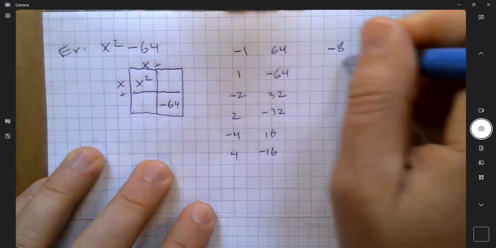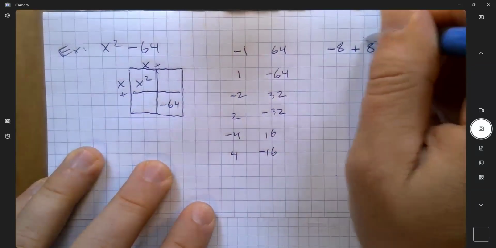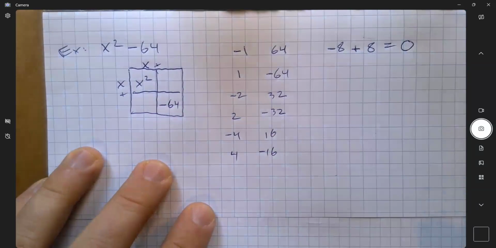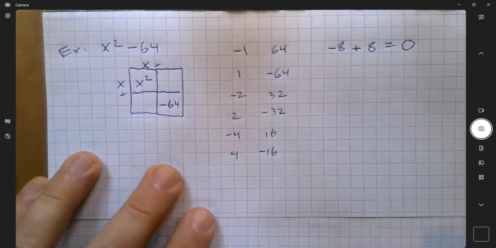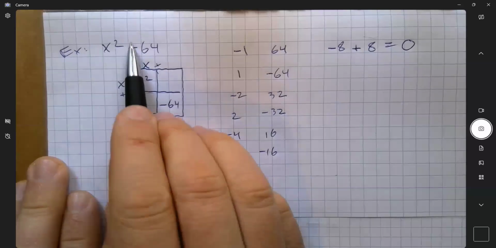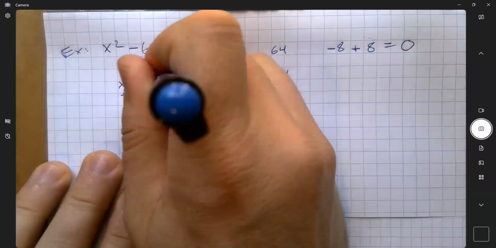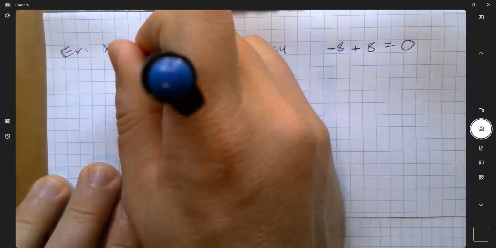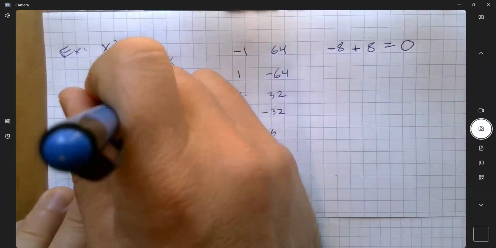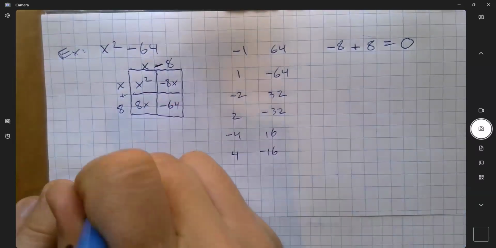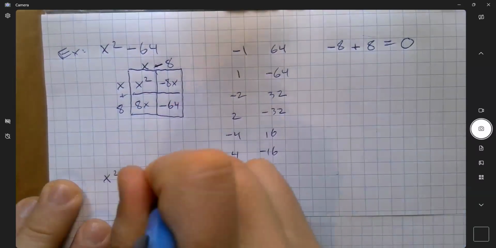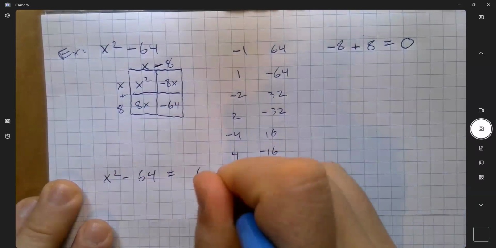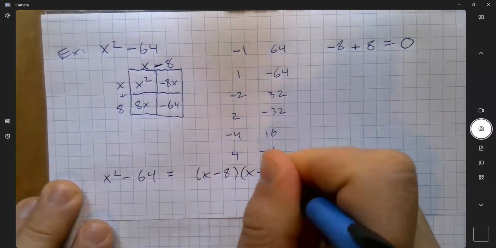And this one is the last one I got to, but it's going to be the first one I test, because sure enough, negative 8 plus 8 gives me the 0, which corresponds to 0 of the x terms. So I have a negative 8x and a positive 8x, which means it's x minus 8 times x plus 8. So x squared minus 64 equals x minus 8 times x plus 8.